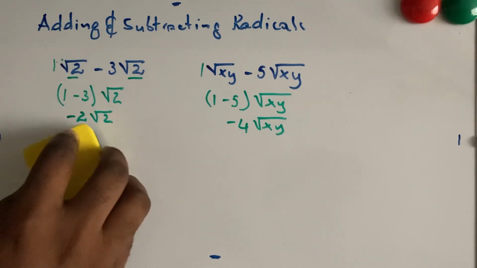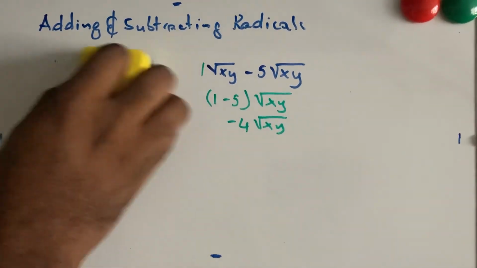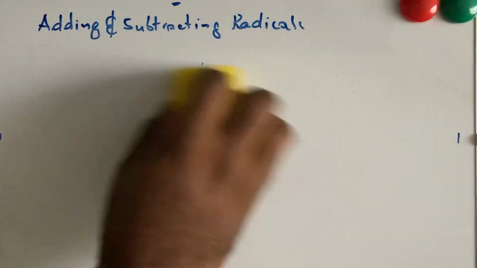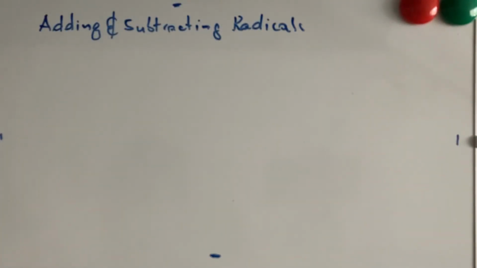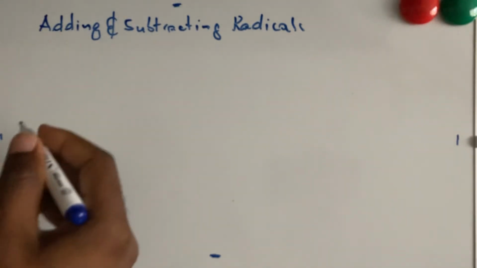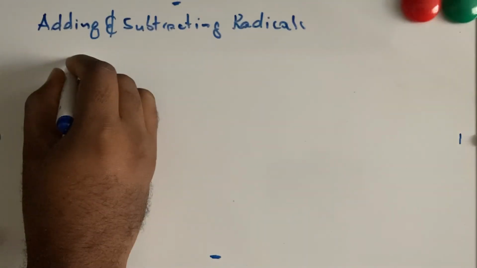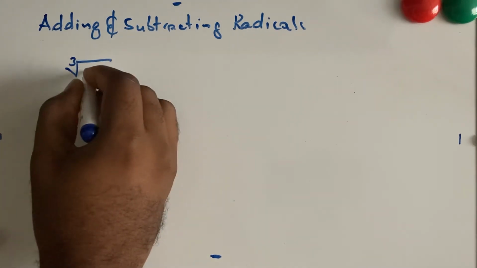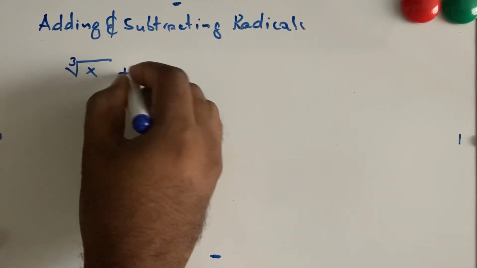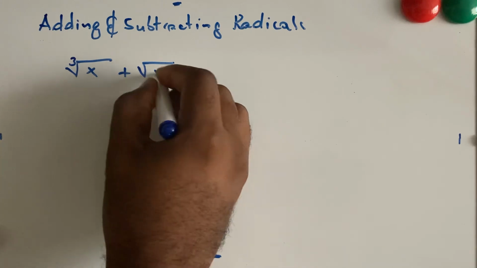Another thing, if you have some problems with different radicals, I mean different indexes, like the cube root of x plus square root of x.